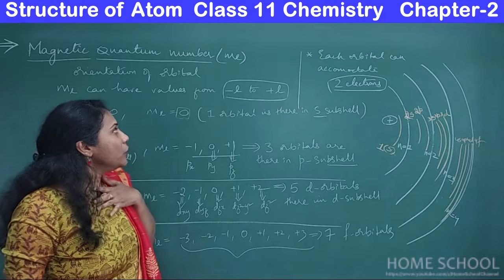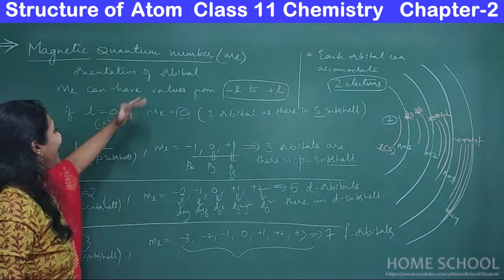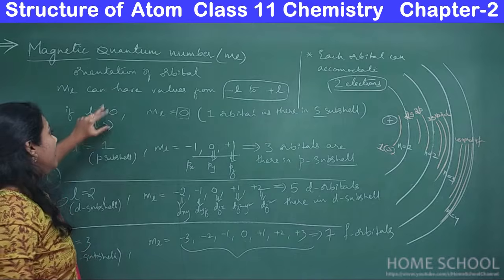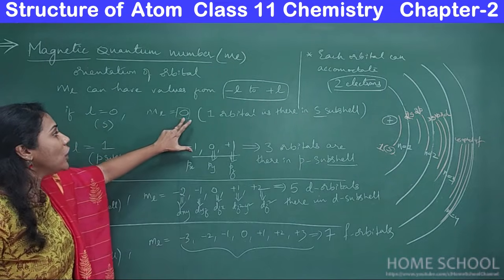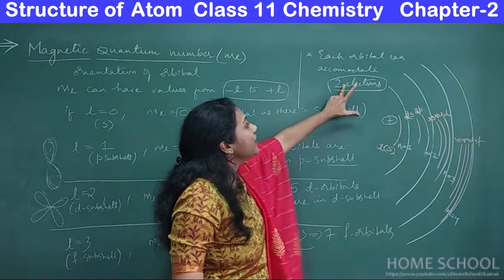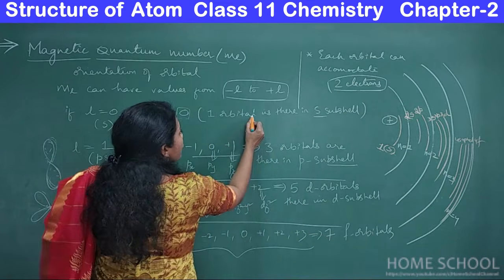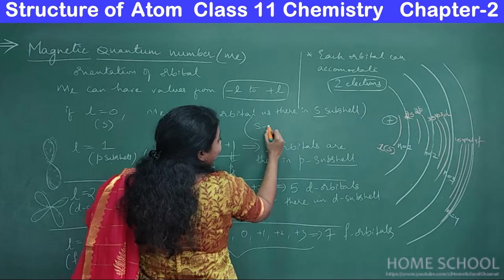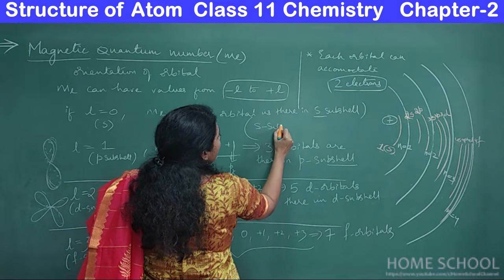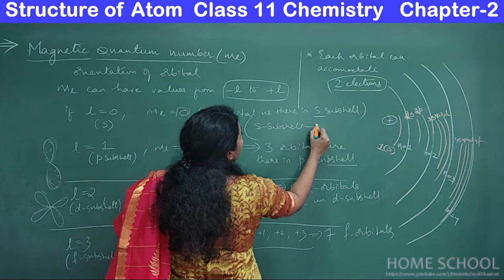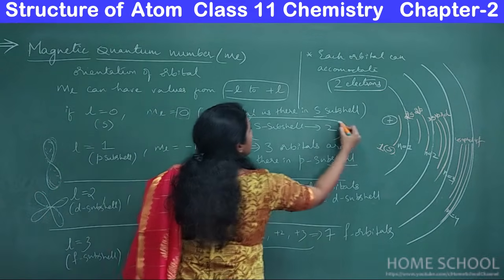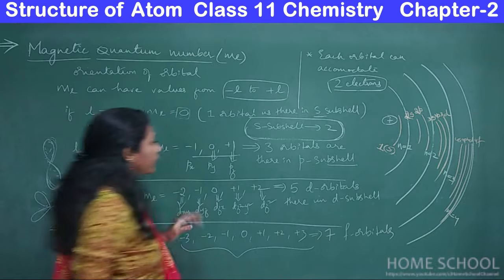So, can you tell me how many electrons can be present in the S subshell altogether? The S subshell has only one orbital, no? One orbital can have 2 electrons. So the entire S subshell can accommodate only 2 electrons.